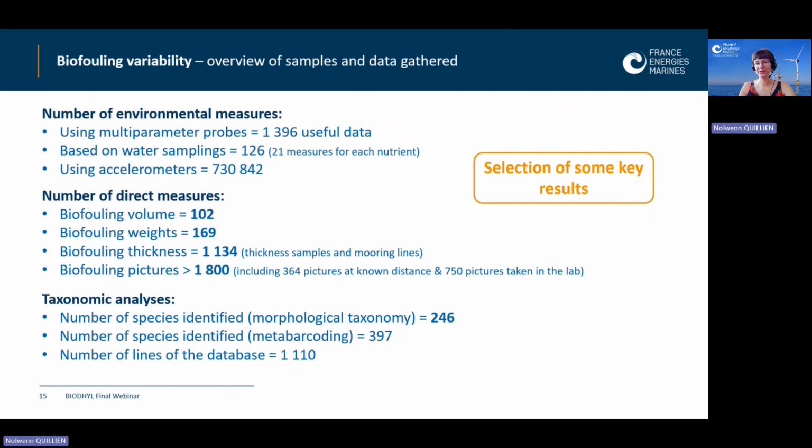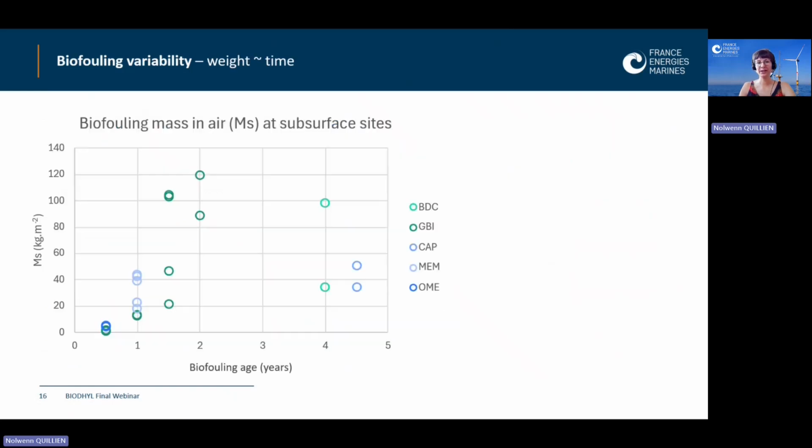And today, I will present a selection of some key results, starting with the biofouling variability in terms of weight along time. So in these figures, you see the wet weight measured in air in kilogram per square meters along the biofouling age, which is expressed as years, and at the different sites at which we sampled the biofouling.